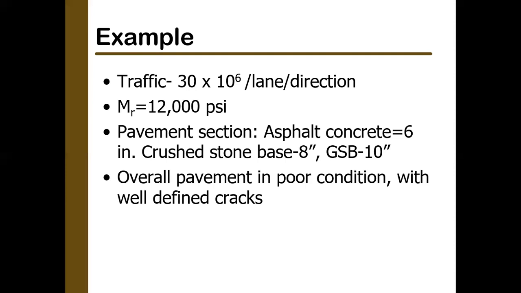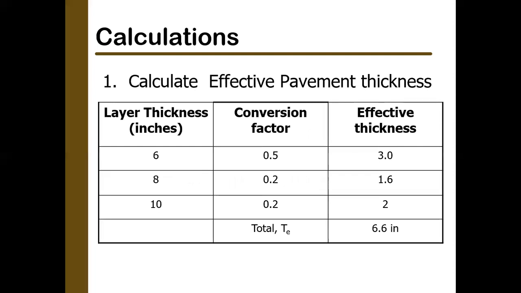The first two steps have already been done because you know the traffic and you know the resilient modulus. Now we find the effective pavement thickness. The first one is 6 inches, so we will use 0.5, as explained two slides ago, as the conversion factor.